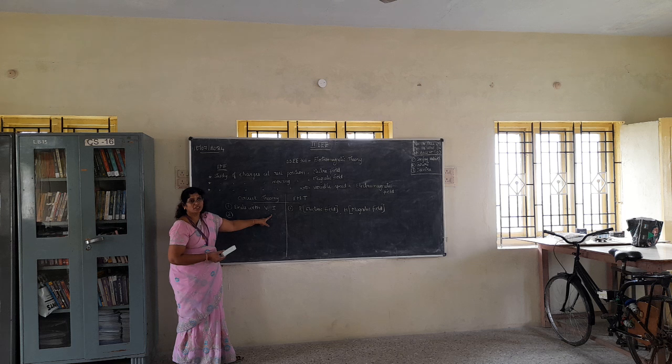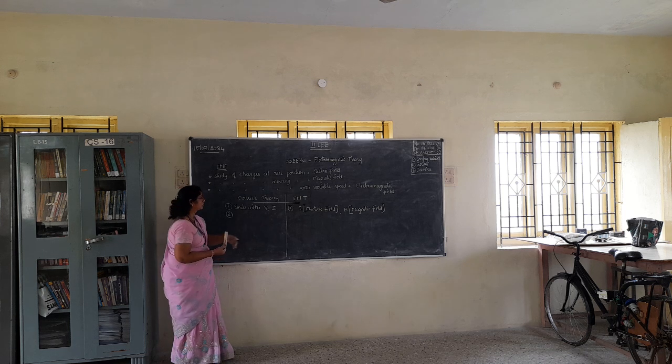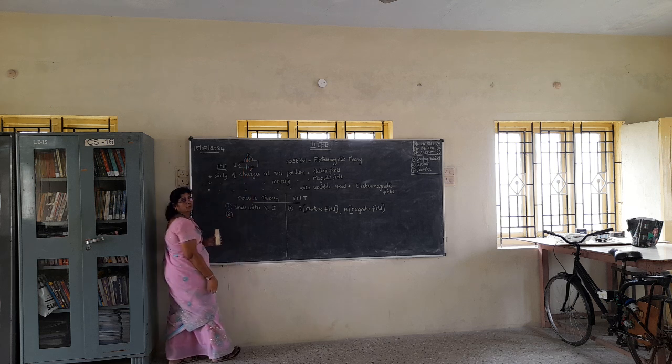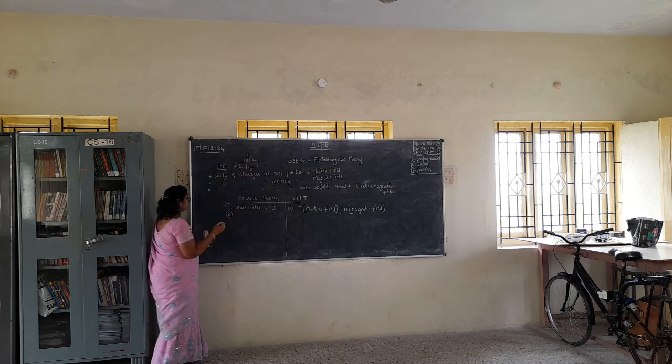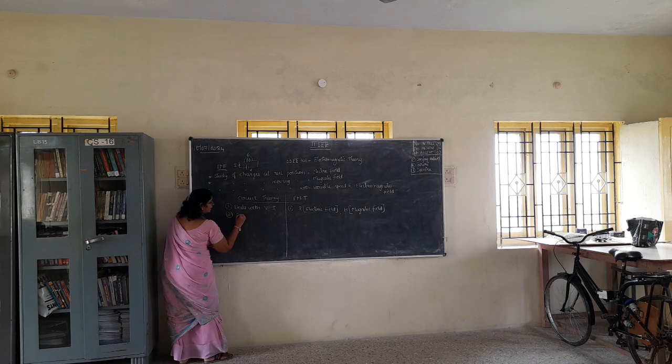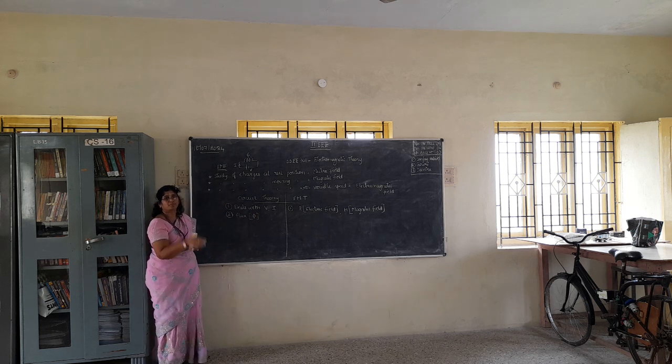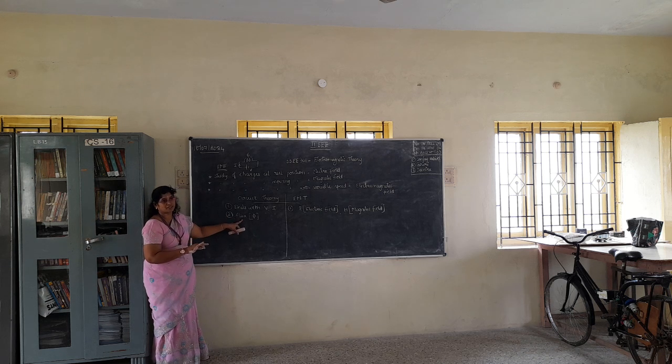So what is produced here? When current flows across the coil, it will be producing a flux. So here, flux is generated. It is represented by phi. This flux is called as electric flux.